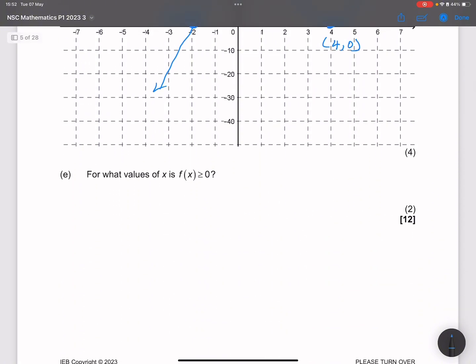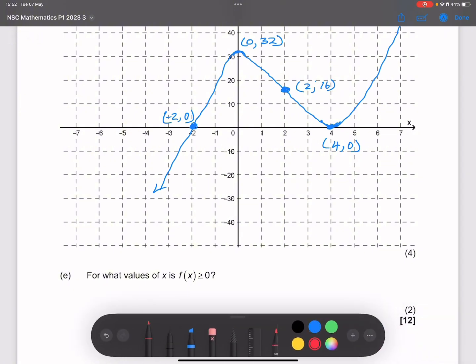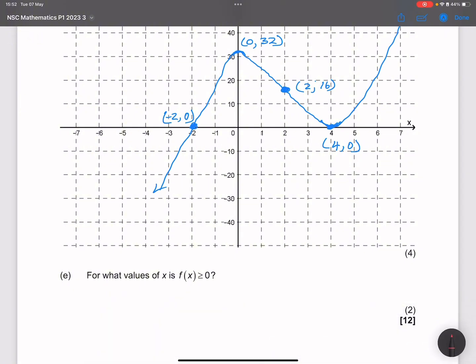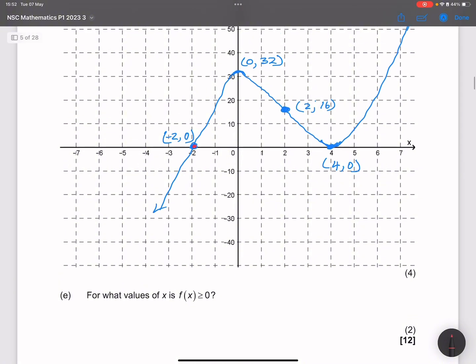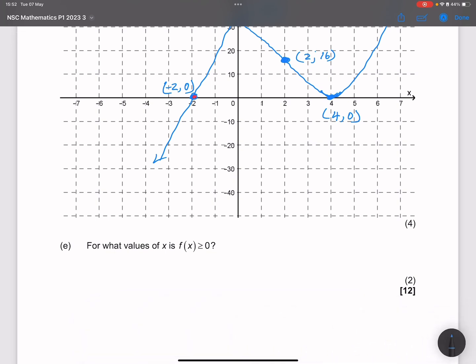Now they say, for what values of x is f of x greater than 0? Now, ladies and gents, where is our graph positive? You can see it becomes positive after we cross x is equal to 2, and it stays positive all the way up until infinity. So in this case, our solution will be x is greater than or equal to 2. That's where the graph is positive.